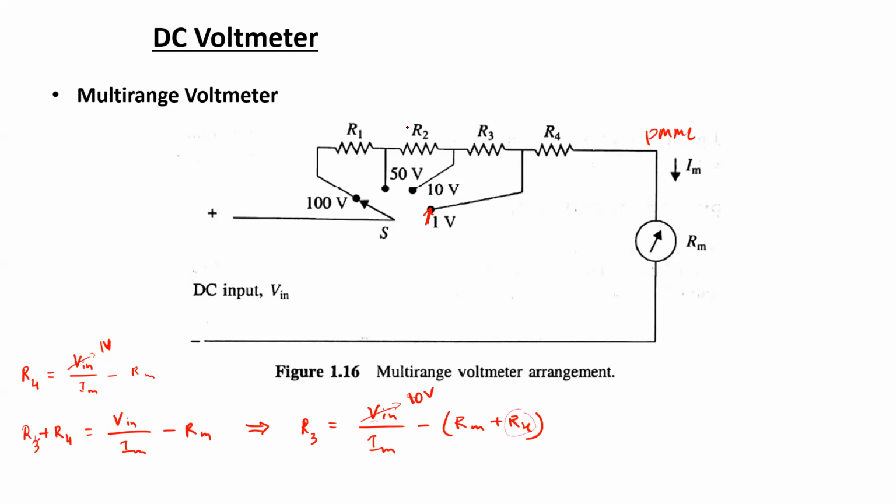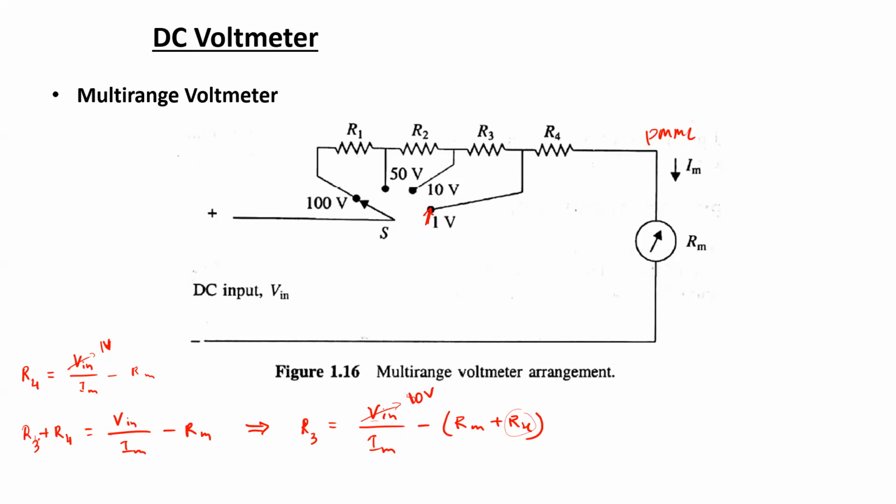So accordingly, the other series connected resistance for other ranges can also be determined, and multi-range facility for a voltmeter can be obtained.